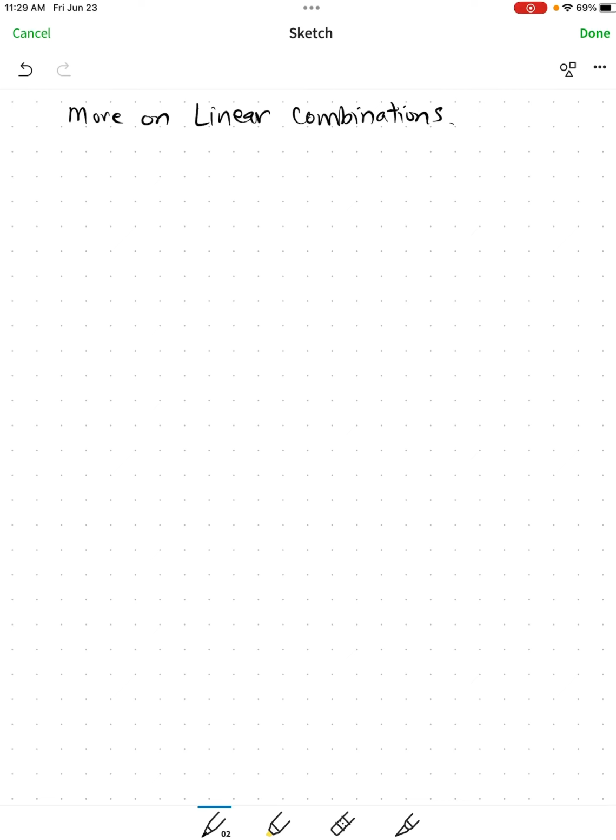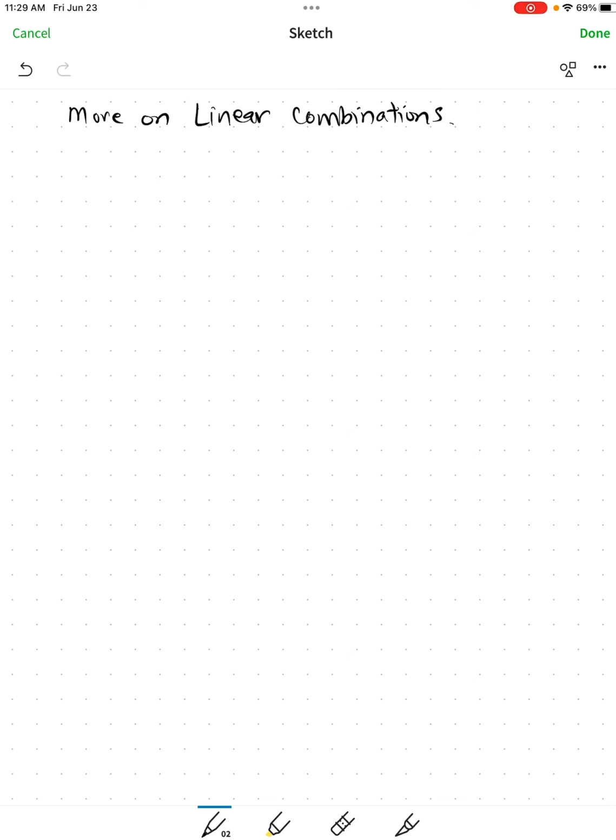Last time we looked at what a linear combination of vectors is. Do you remember, if you have k vectors, v1 through vk, what's a linear combination of those vectors? In other words, what's the definition of a linear combination?